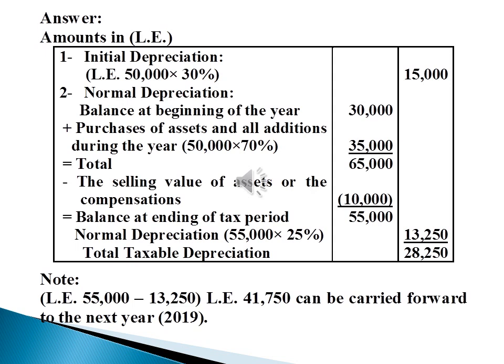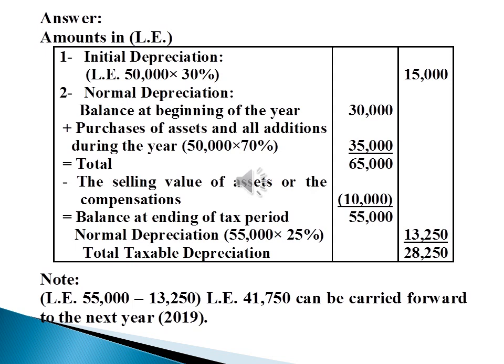Answer: initial depreciation amounted to the cost of equipment purchase 50,000 livres Egyptian times 30%, 15,000. Number 2, normal depreciation that is calculated according to the depreciable base.